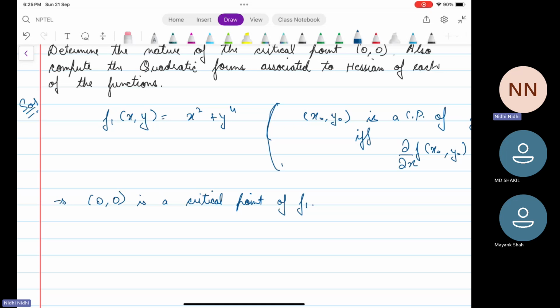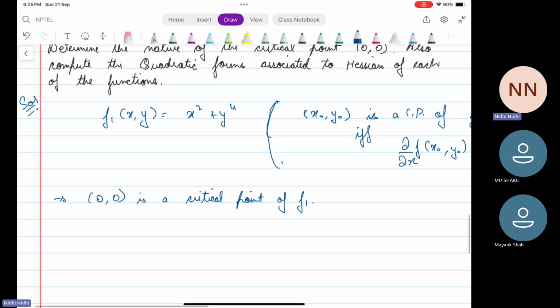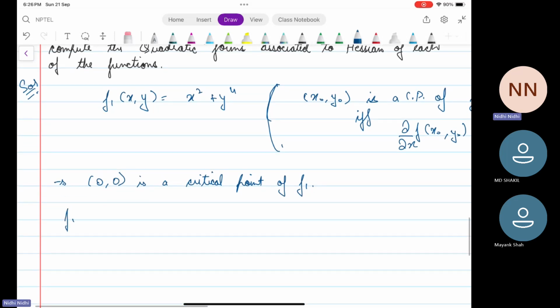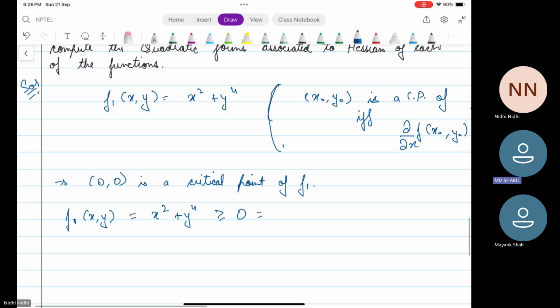Next, we'll see whether this will be a maximum or minimum. Clearly, you can see that x squared and y to the power 4 will always be positive. So f1(x,y) equals x squared plus y to the power 4 is always greater than or equal to 0, and 0 is the value of the function at the origin (0,0).